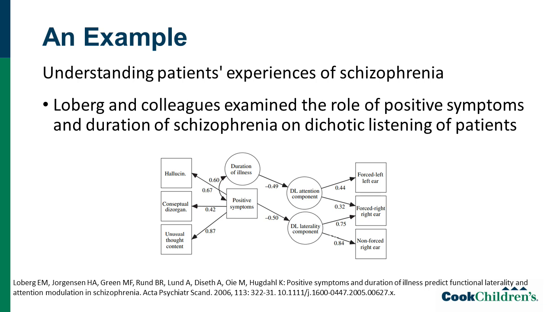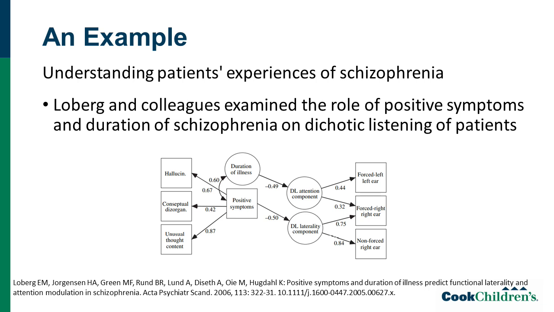So the analysis of the model using SEM indicated that the model fit the data well. What we don't see in the diagram is that the CFI, the comparative fit index, was 0.986 based on 11 degrees of freedom. So the positive symptoms were measured by hallucinations, disorganized thoughts, and unusual thought content. Dichotic listening was measured by accuracy of sounds identified in each ear according to the condition in which the patients heard the sounds.